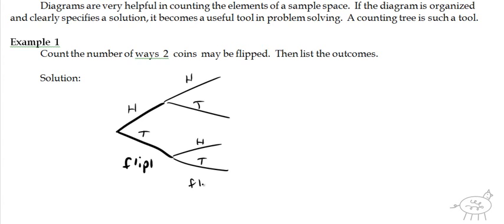This is flip number 2. So really our outcomes are heads, heads, heads, tails, tails, heads, and tails, tails. Those are the 4 possibilities. In fact, that's what we want to do, figure out how many ways there are, and using our counting tree we figure out there are 4 ways.